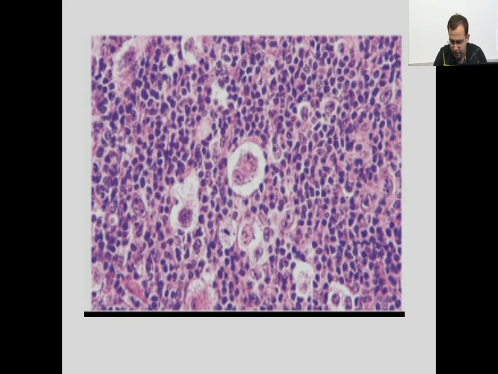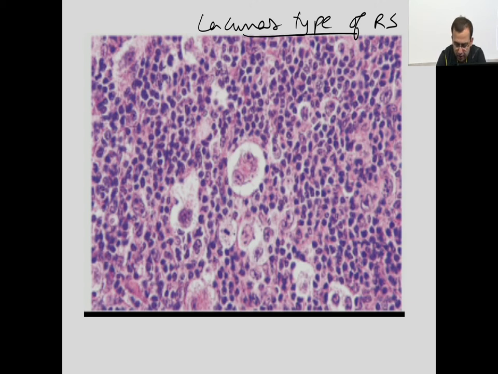Let us look at the variants here. The first variant of the RS cell is the lacunar type. We'll see subsequently where it is seen. What you have here is a binucleate cell with a cleared lacuna around it.